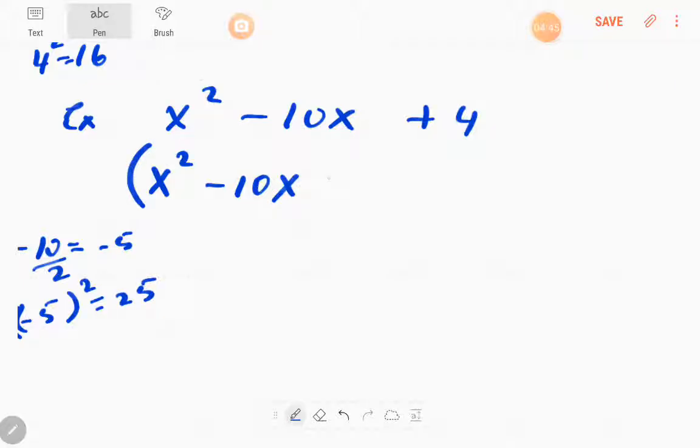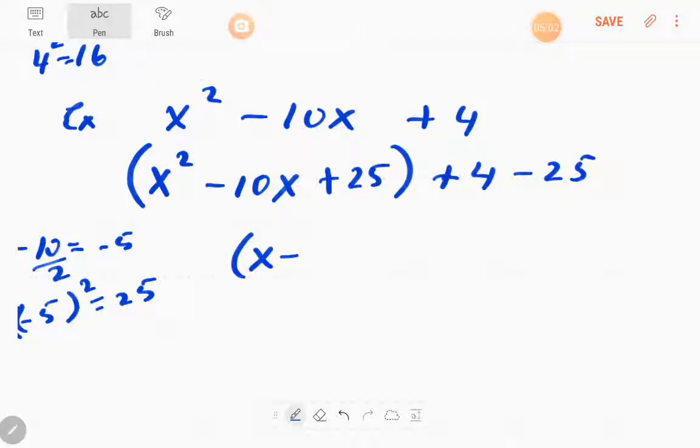So we're going to add in plus 25 here. We have plus 4, so we have to compensate for adding in 25. So subtract 25. So here we've completed the square. So we have x, and then there's a minus sign, and then half of 10 is 5. So (x - 5) squared represents x squared minus 10x plus 25. And then we have 4 minus 25, so we have minus 21. Okay, that's it for that example.